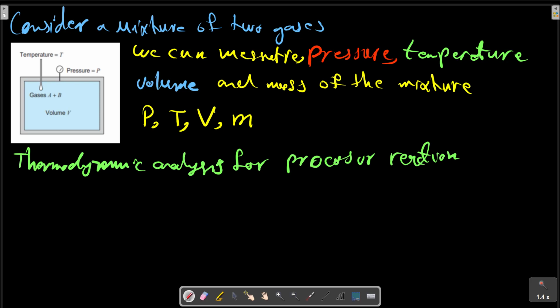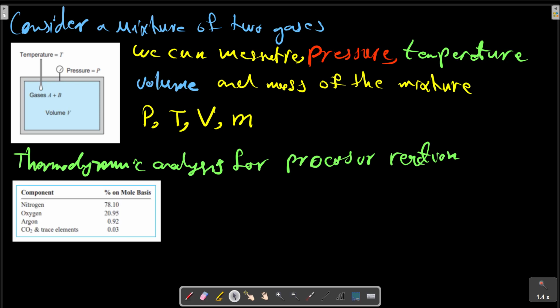In this chapter, we focus on mixtures of ideal gases.